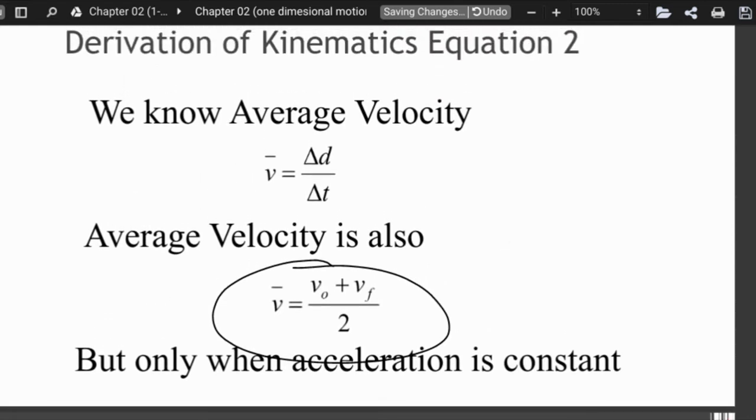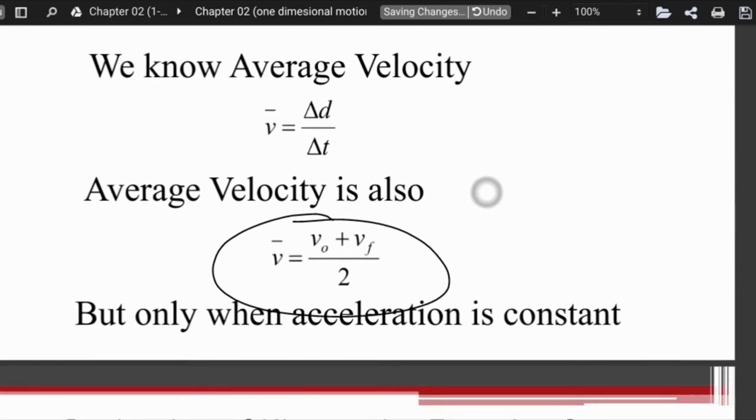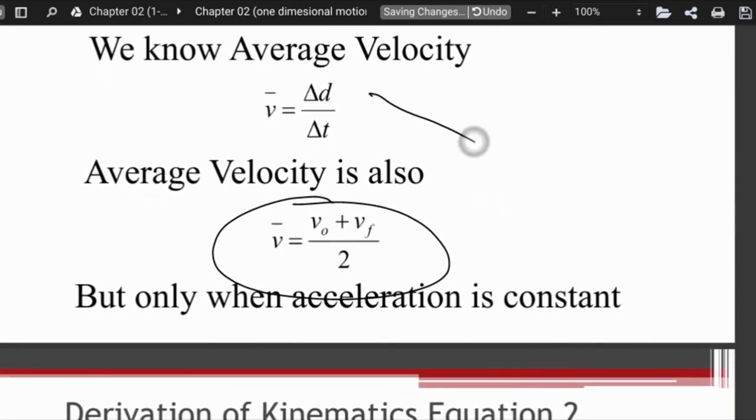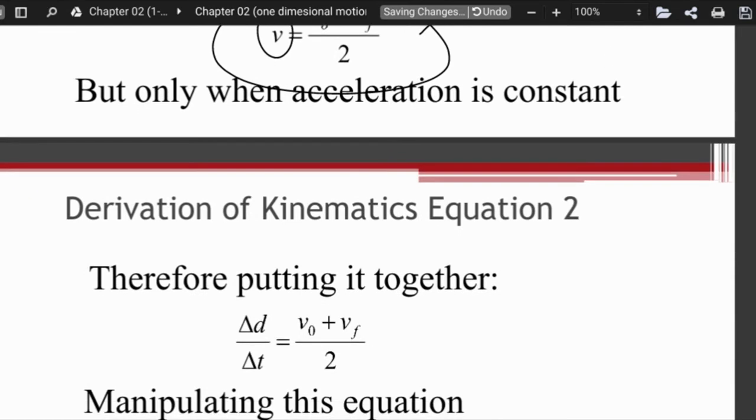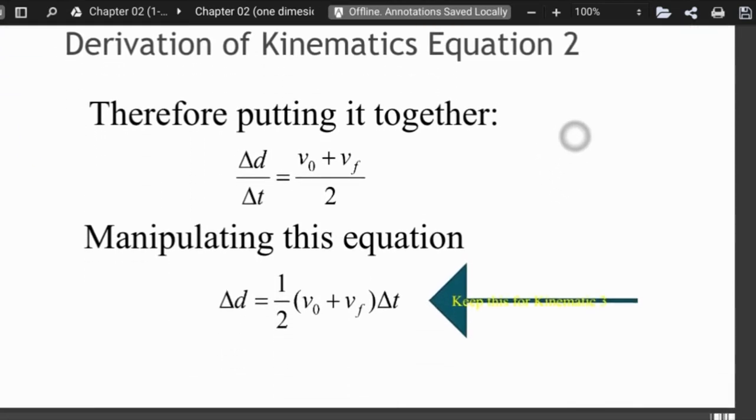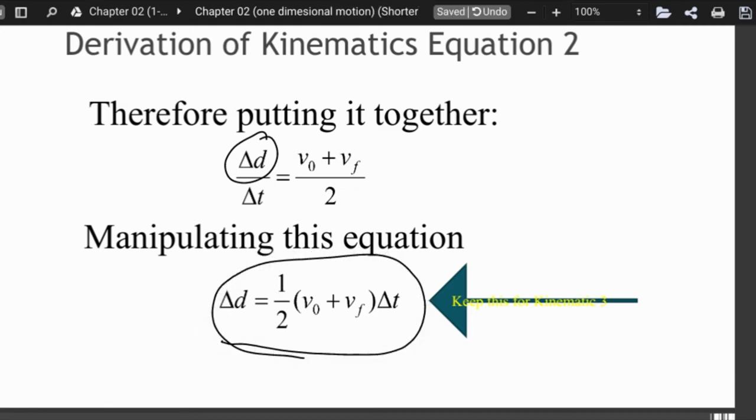When we look at that along with our initial concept that average velocity is the change in displacement over time, we can put these two equations together and set them equal to each other because they're both equal to average velocity. We simplify that down, solving for d, into this particular equation.